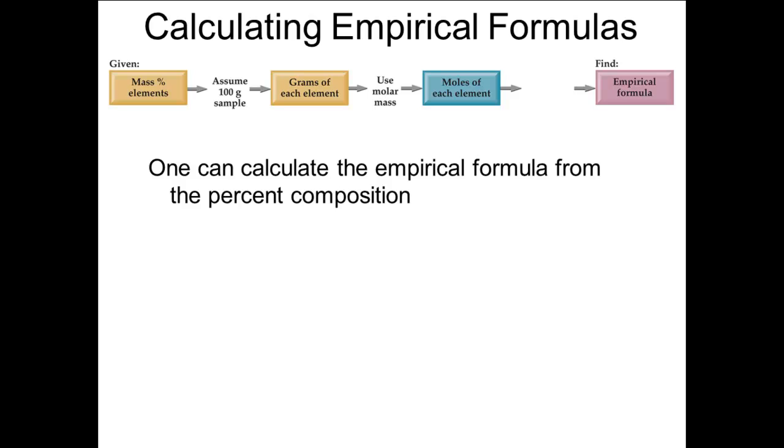We convert the moles into a mole ratio for the elements in the compound by dividing by the smallest number of moles and convert these to whole numbers if necessary, so that we have the smallest whole number ratio of the numbers of atoms of each element. These numbers become the subscripts in the empirical formula.